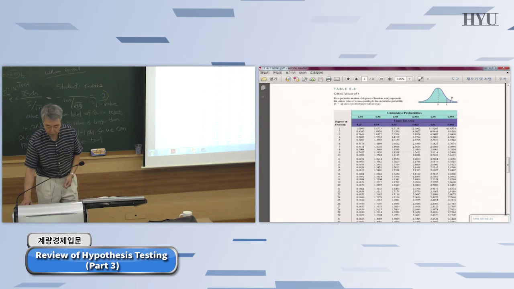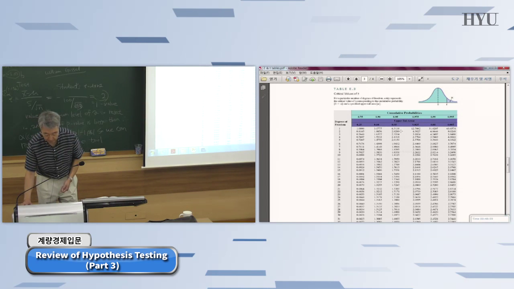The numbers you see inside here are not the size of areas. Those are the t statistics, the t-scores. And the size of the area is found on the margins, for example 0.25, 0.1, 0.05. It's hard to see a little bit, but here are the upper tail areas.